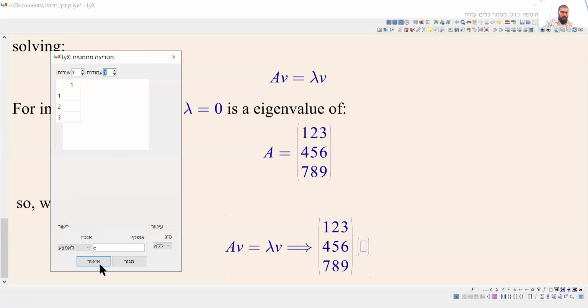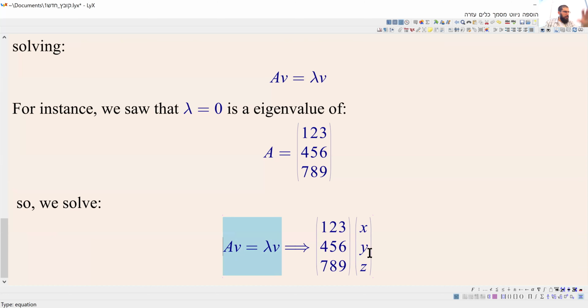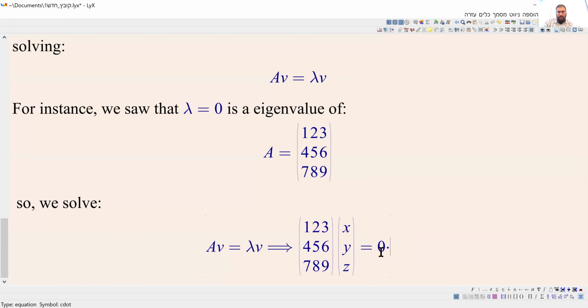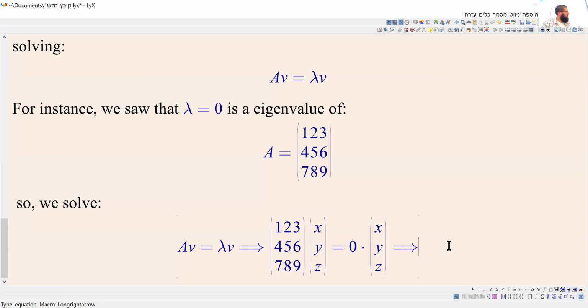There are different methods to find the eigenvectors, but they're all actually the same. This is the equation everything is based on. The matrix is multiplied by x, y, z, and we know how to multiply matrices by vectors.